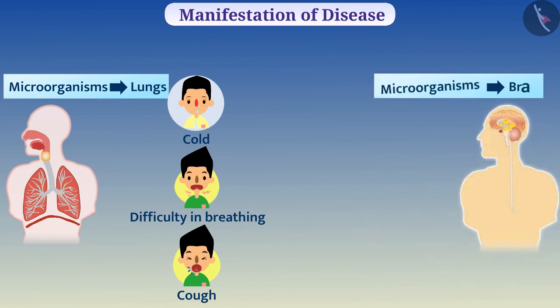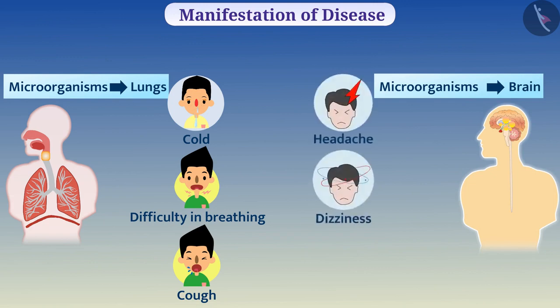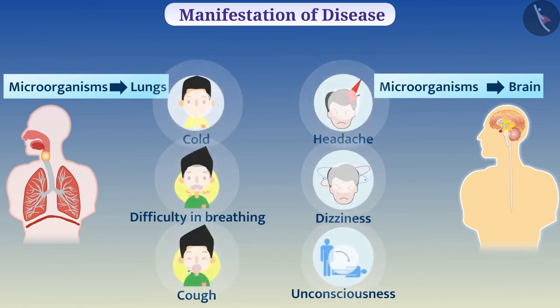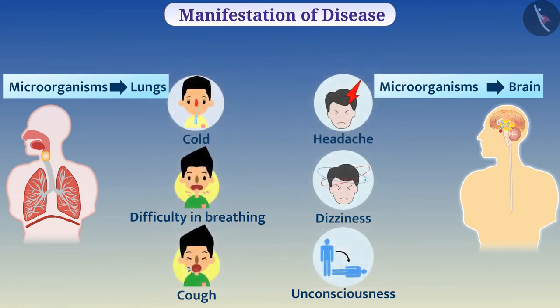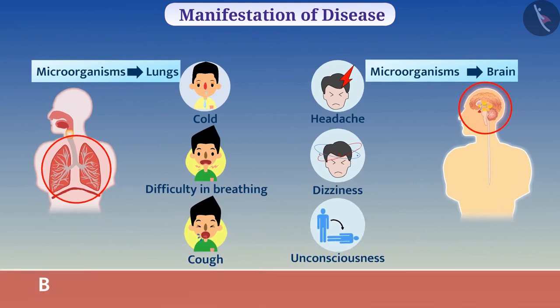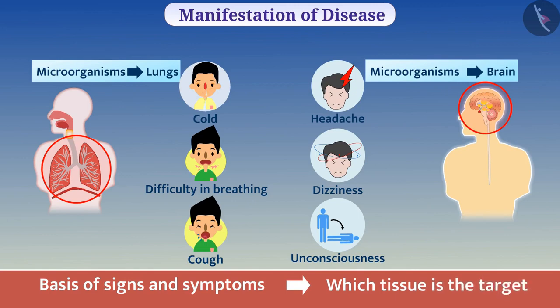When the target is the brain, then the symptoms will be headache, dizziness, unconsciousness. Therefore, signs and symptoms of disease will depend on the organ or tissue which the microbe targets. That's why, on the basis of signs and symptoms, we can know which tissue is the target.